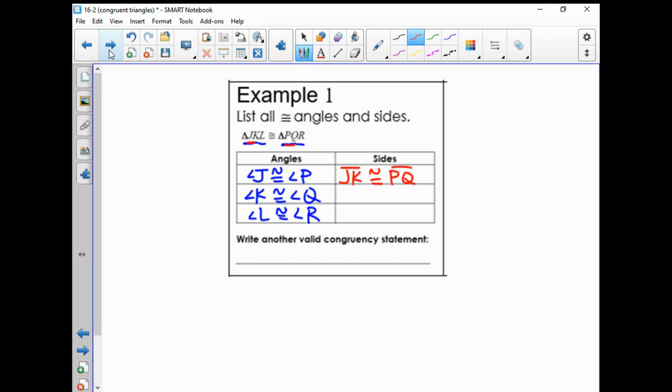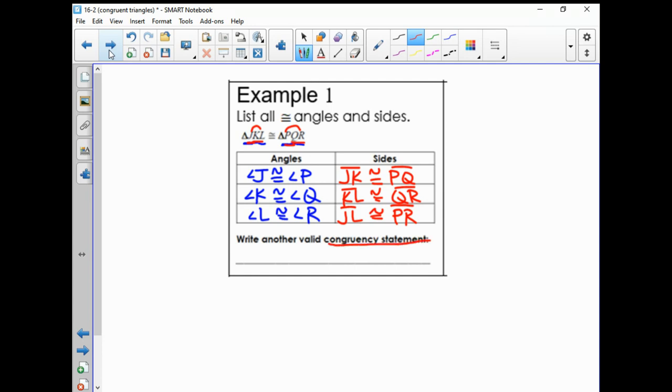Also, if you take the last two letters, KL is going to be congruent to QR. So I just looked at the last two letters right there. And then if you jump and do first and last, then we could say that JL is congruent to PR.